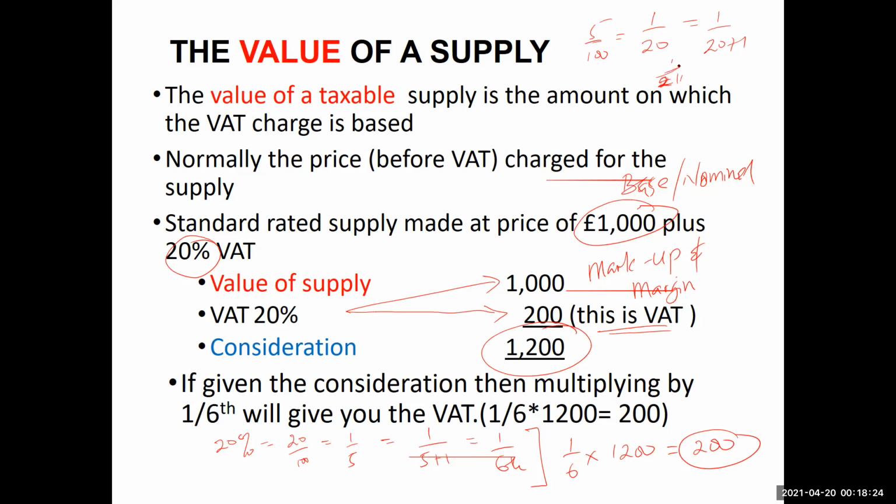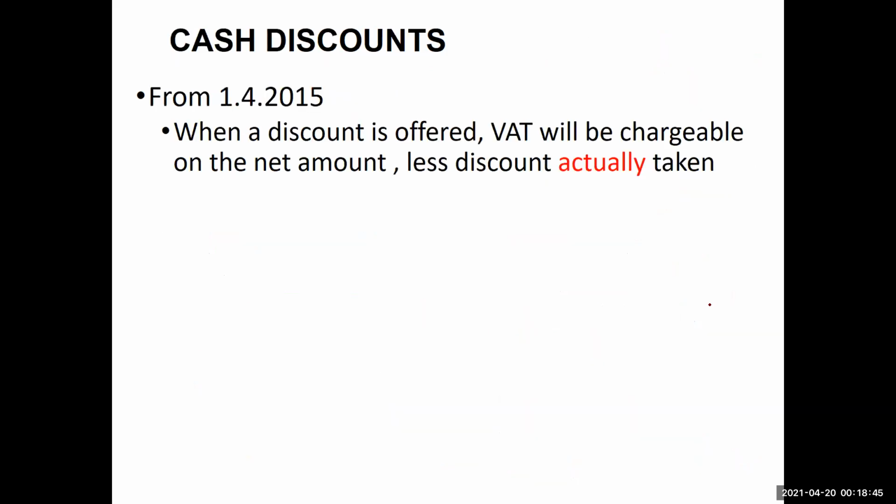I hope my writing is clear enough. Either way, normally you will see these computations. Typically, I've seen questions restricting it to the standard rated supplies, but just remember your markup and margin knowledge and use it to apply for this. Okay, let's proceed.